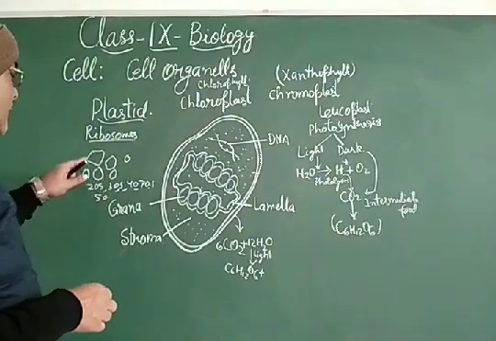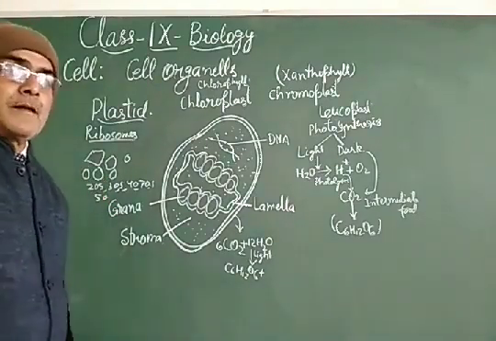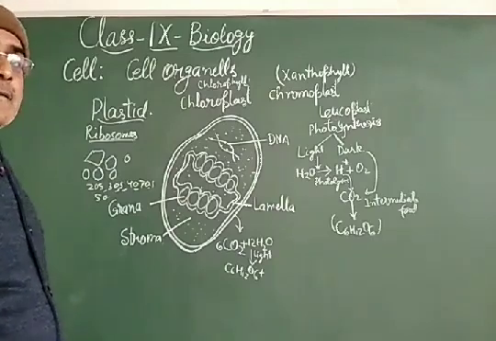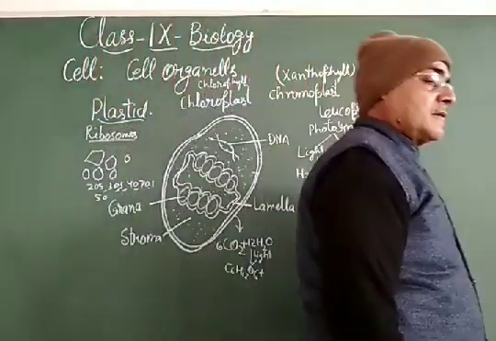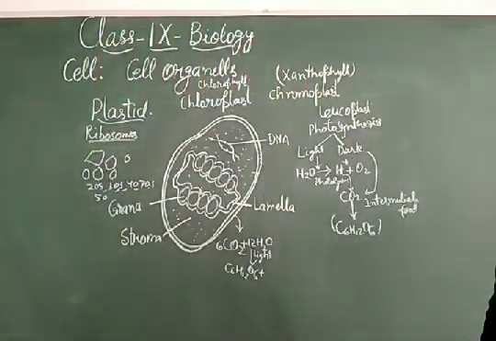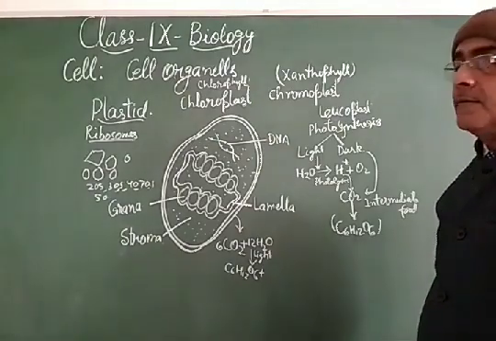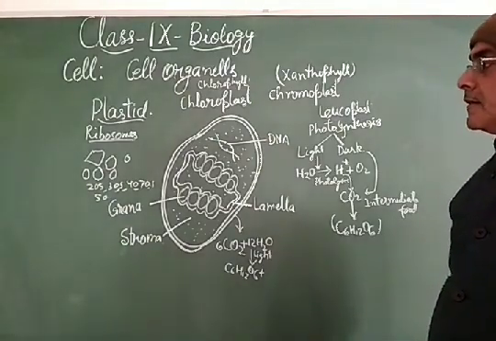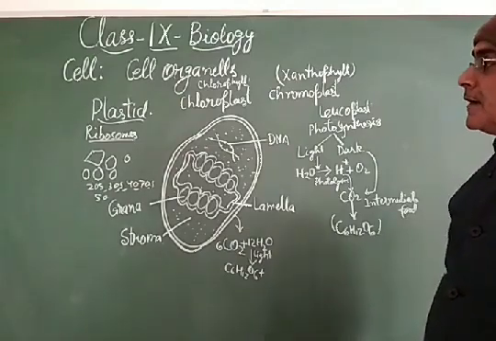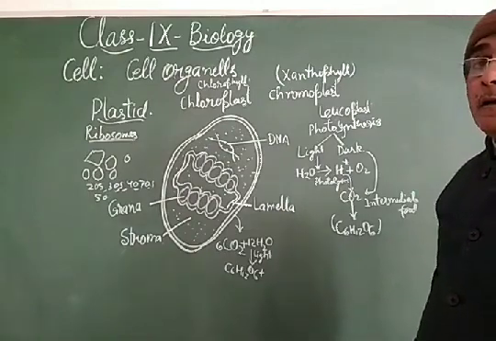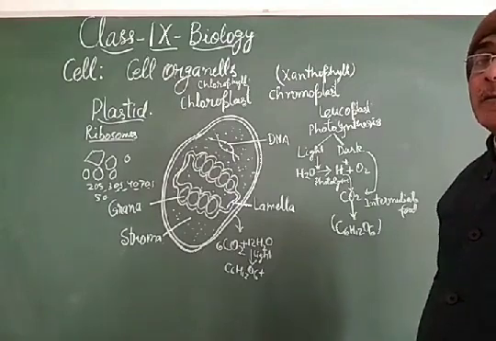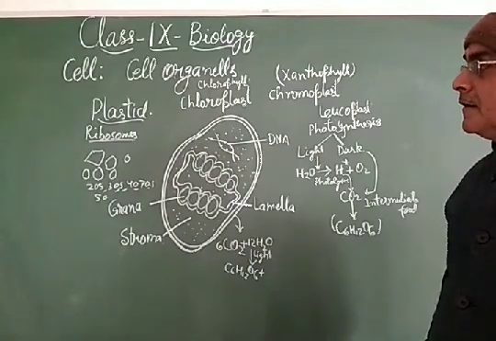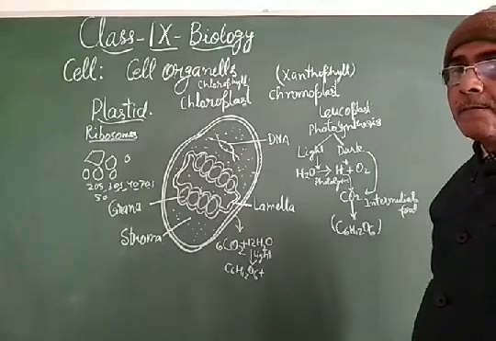These ribosomes are responsible for the manufacturing of protein, for the synthesis of protein inside the cell, and they perform the function of synthesizing different kinds of protein, which are utilized in the process of DNA replication inside the cell. Ribosomes are found independently in the cell, in the cytoplasm, as well as on the endoplasmic reticulum, and that endoplasmic reticulum is called rough endoplasmic reticulum. So protein synthesis is done by these ribosomes.